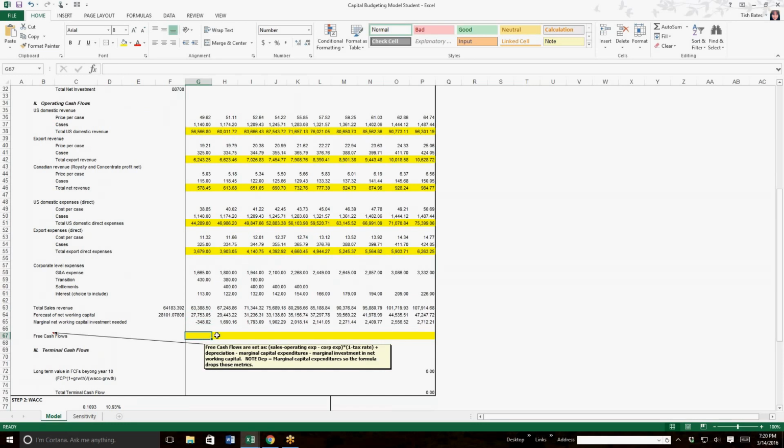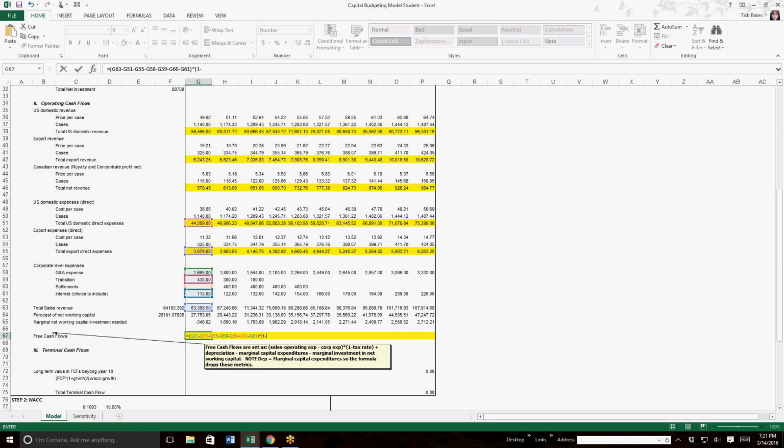Revenue, expenses. So let's see if I can build this out. Equal sign. Sales minus this minus this minus this times one minus tax rate.